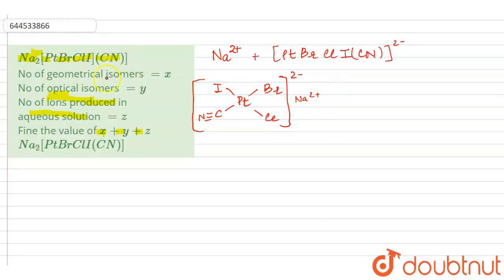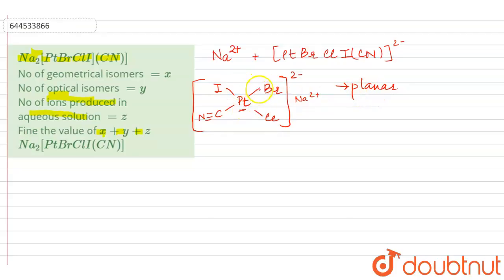They are asking first about geometrical isomers. As it is planar, all 4 attachments, bromine, chlorine, cyanide, and iodide, are present in the same plane as the central atom.